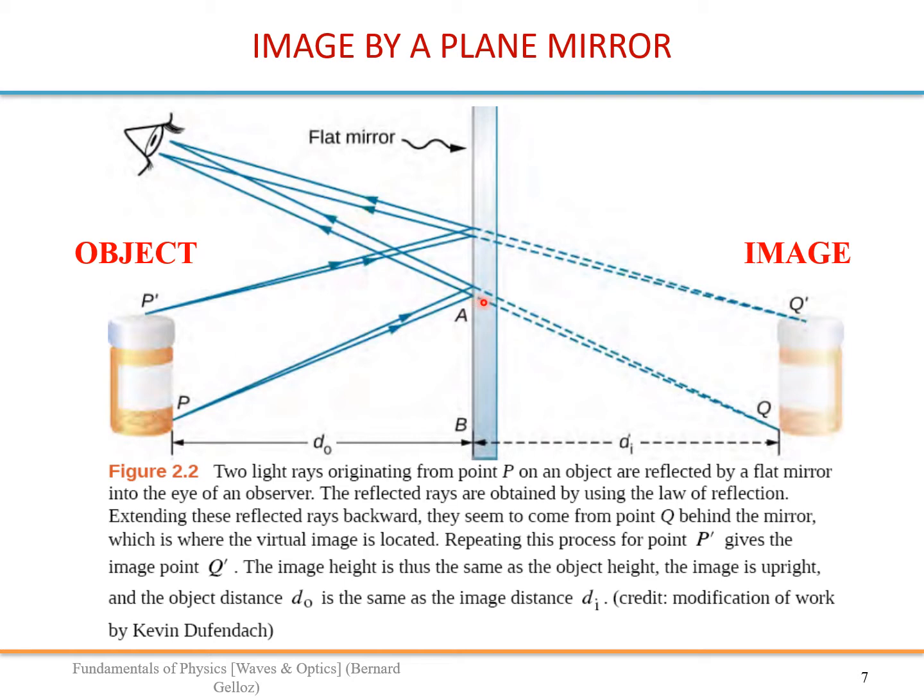But if you continue these lines in this imaginary world, these rays are imaginary. They are in some sense virtual, not real. But still you continue them and you see that they intersect here at point Q. So the image of point P is point Q.